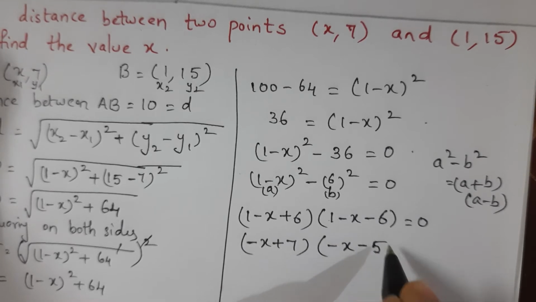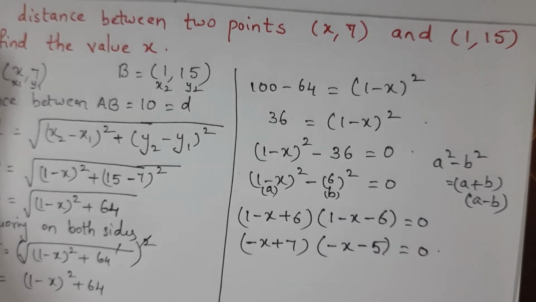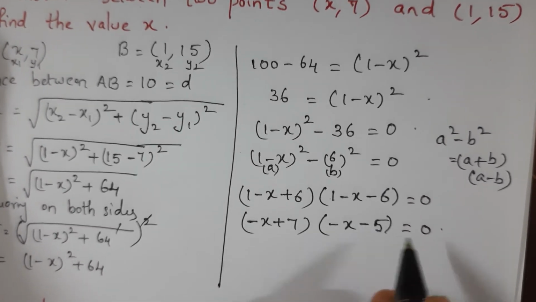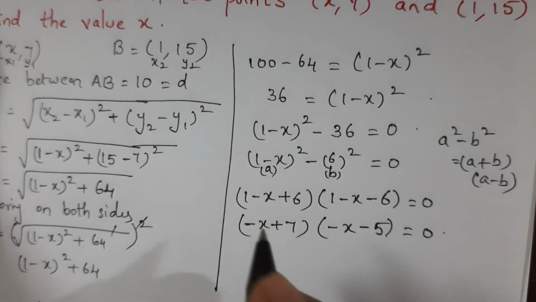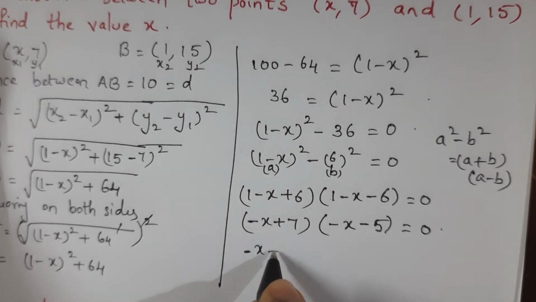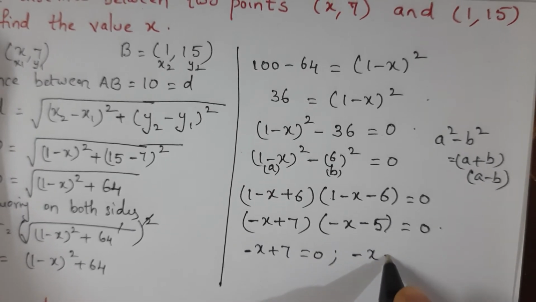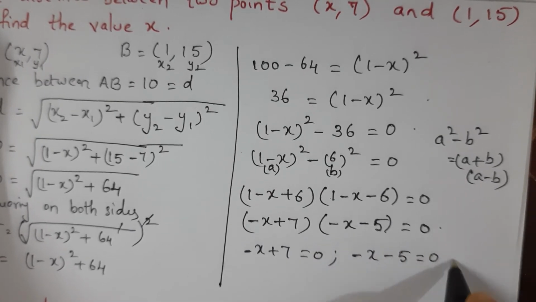So therefore minus x minus 5 is equal to 0. Next we have to equate to 0 such that we will get the x value. So minus x plus 7 is equal to 0 and minus x minus 5 is equal to 0.